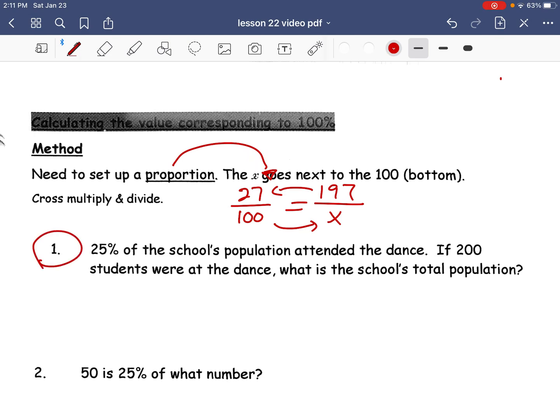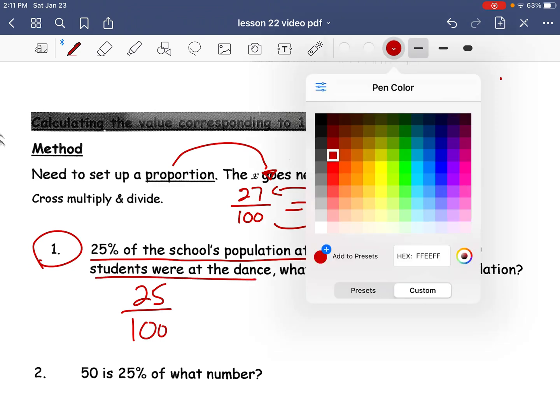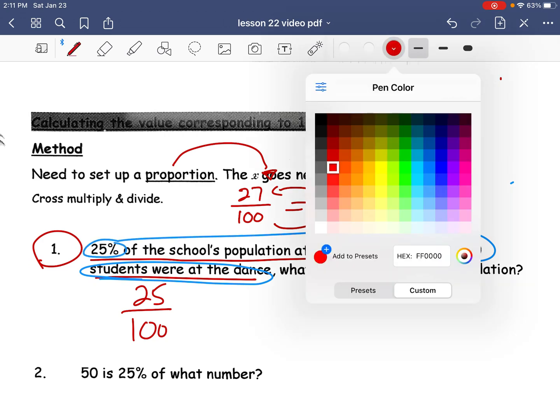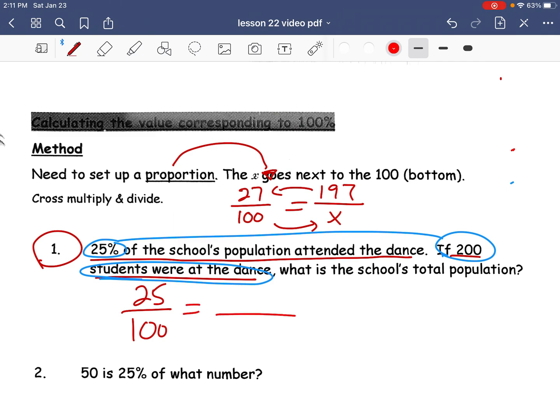So this first example: 25% of the school's population attended the dance. Right away I can say in my mind, okay, 25%. If 200 people were at the dance, right there it's telling you they were at the dance. 200 represents 25%. So that total changes. I just have to make sure I line it up properly, like you did in proportions. Super easy.